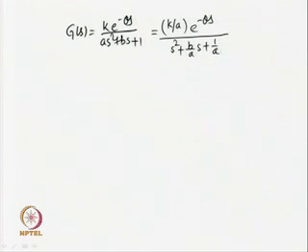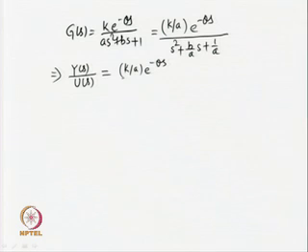By writing so, what do we get? G(s) is nothing but y(s) upon u(s). The ratio of the Laplace transform of the process output to the process input is given as k by a times e to the power minus theta s upon s square plus b by a s plus 1 by a. Why we are doing so? To find the state space representation for the dynamics.